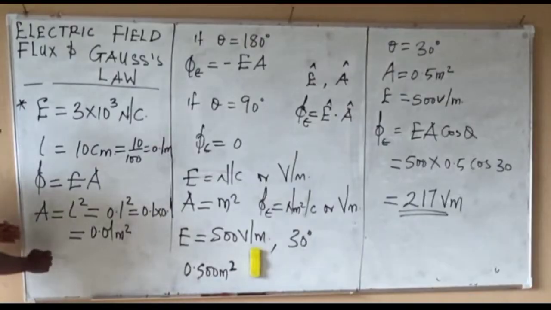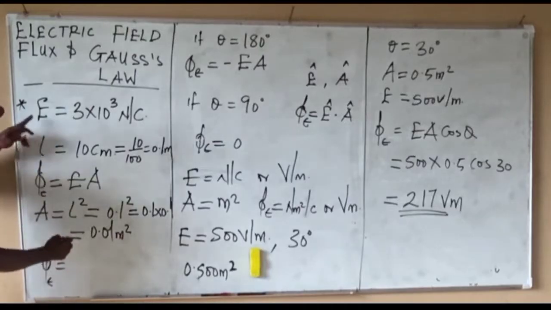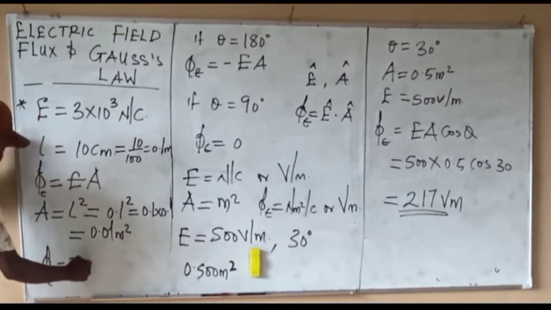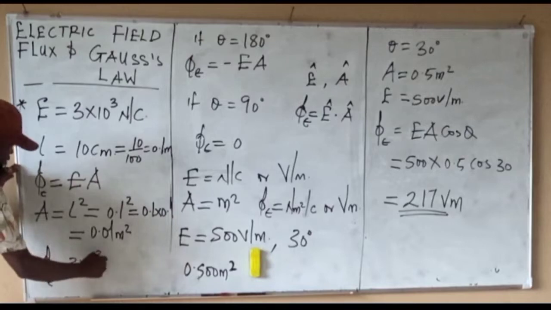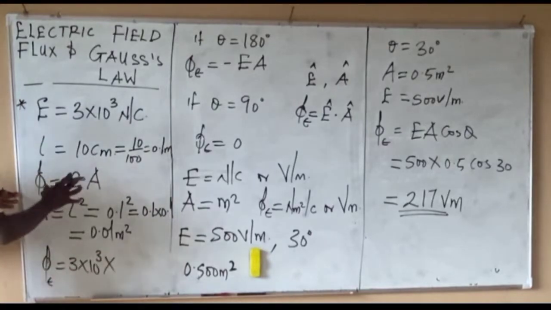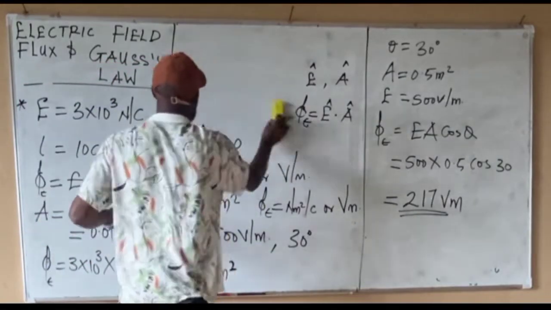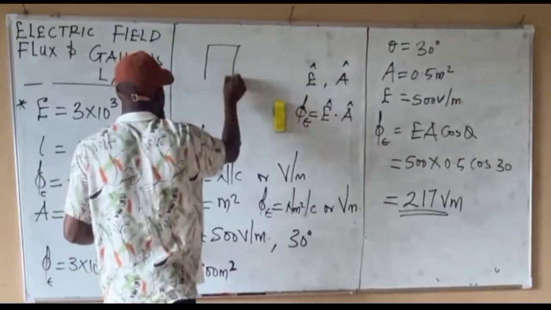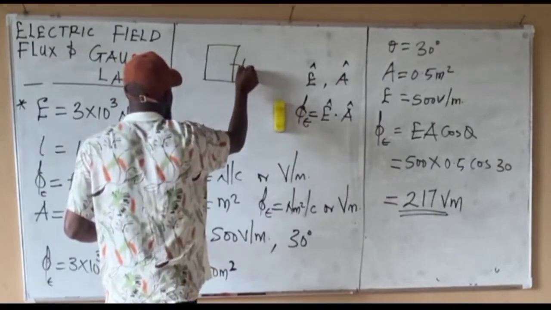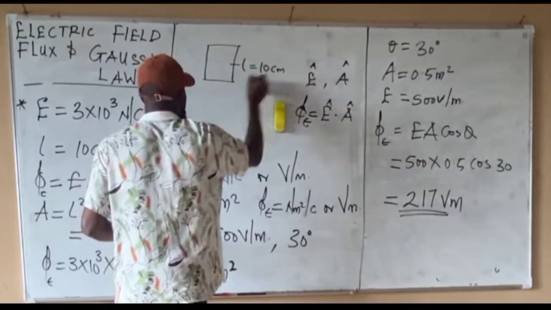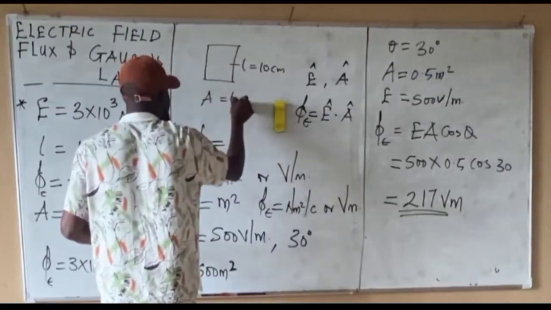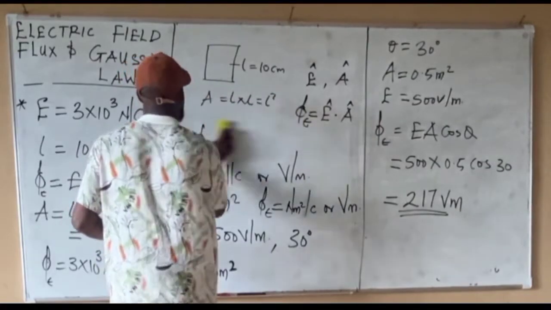Now, the electric field flux will be equal to electric field, which is 3 times 10 power 3, times the area of that squared surface. The surface they are describing is a squared surface, something like this, and the side is 10 cm. To calculate the area of the surface, it would be L times L, which is L squared.